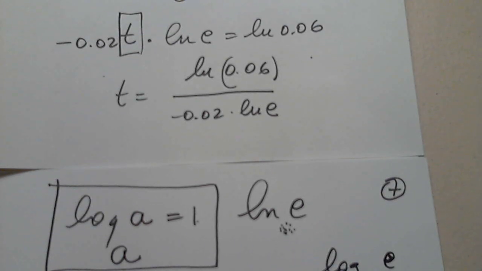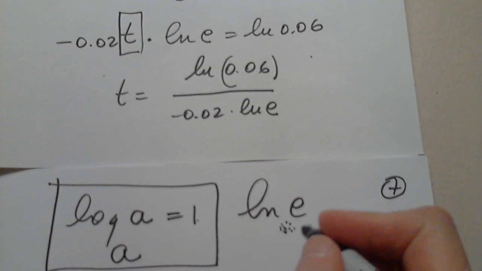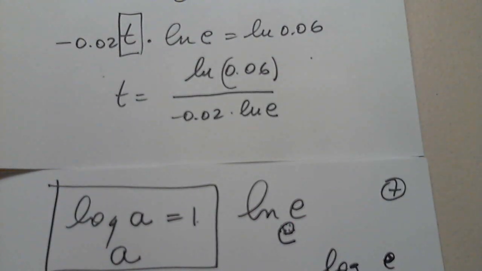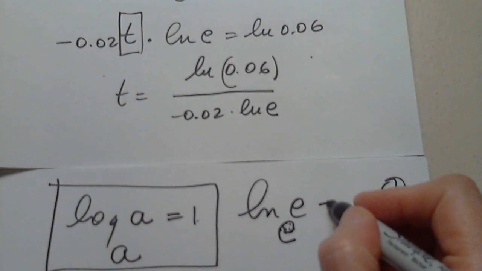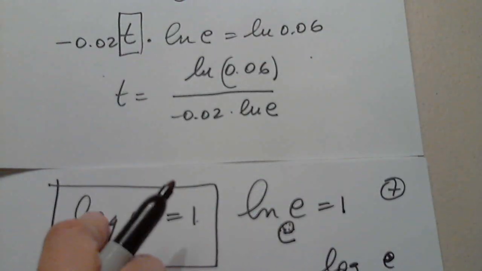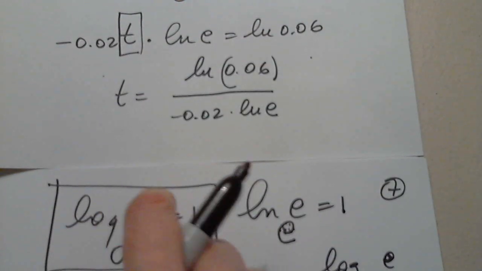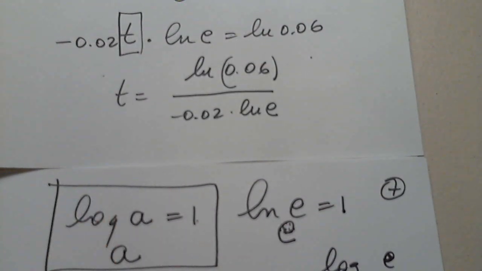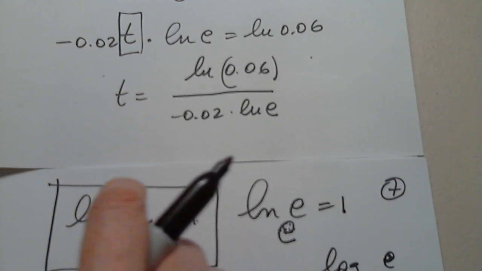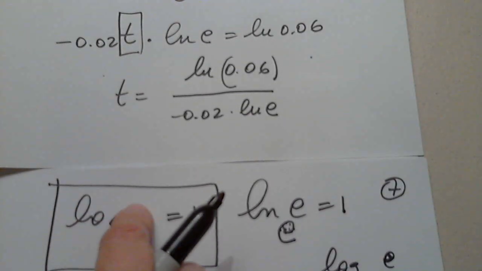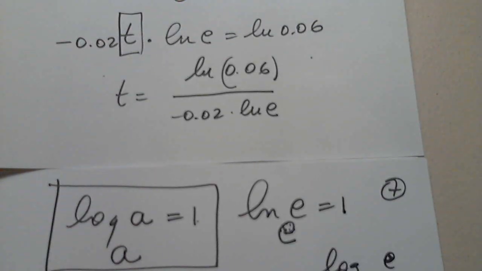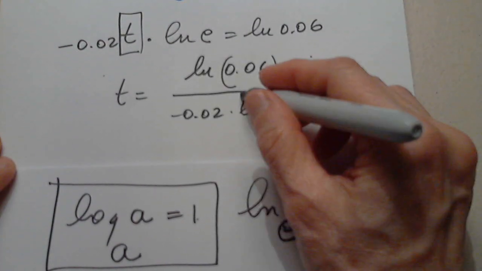Log is base 10, but natural log is base? So base e. Exactly. We don't write it. So this has to be 1. Log base e of e is 1. Log base 10 of 10 is 1. Log base 1/2 of 1/2 is 1. So this will be 1.